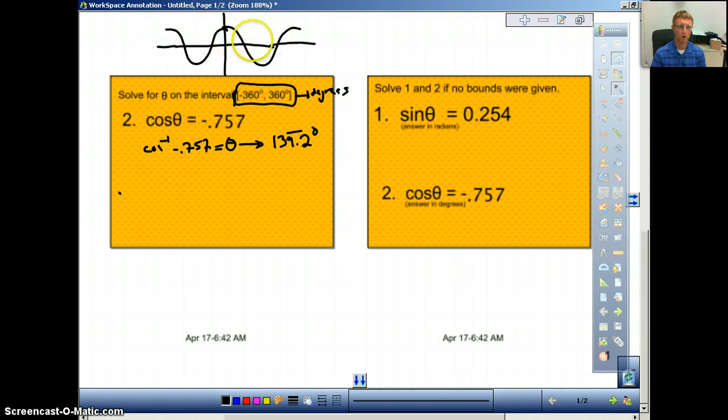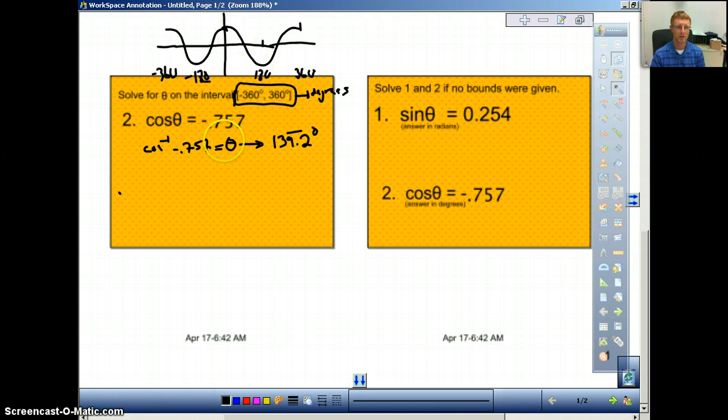So the point here is that this is 0. Let me erase this because we are in degrees, so that's 180 degrees, that's 360 degrees, that's negative 180 degrees, and that's negative 360 degrees.